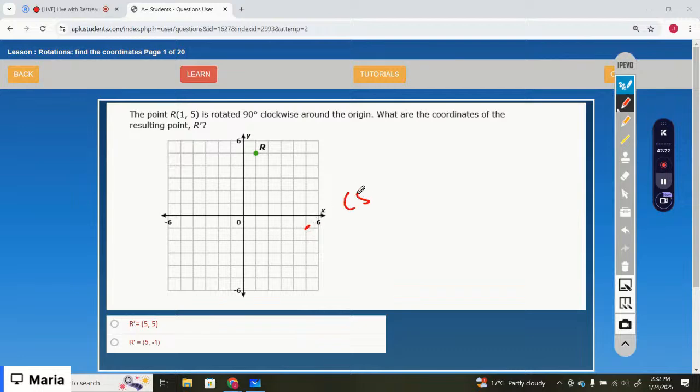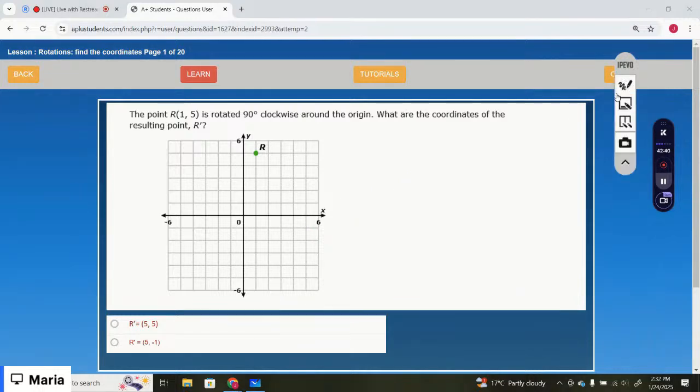So the new coordinates are 5 and -1. Option number 2 is the correct option.